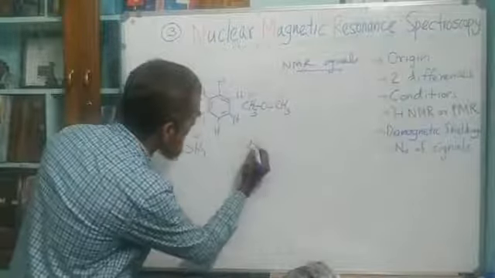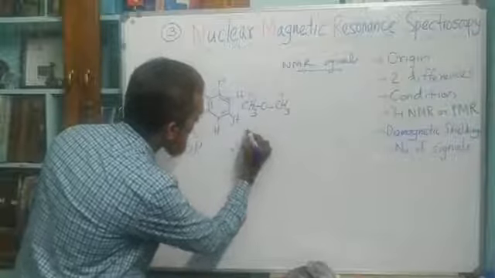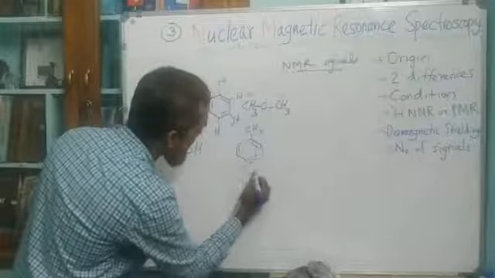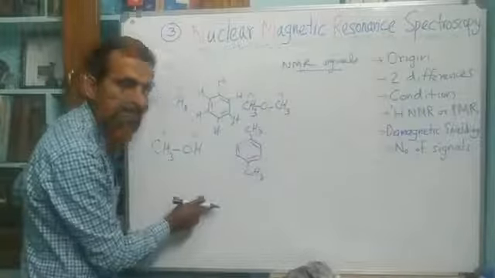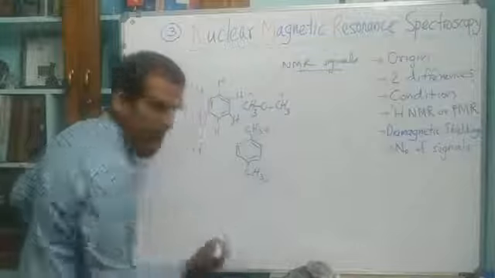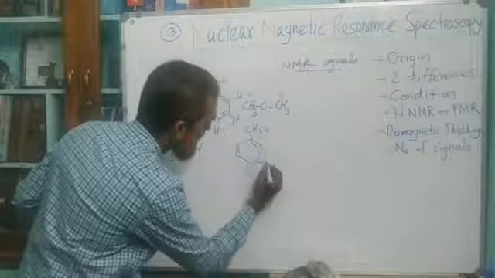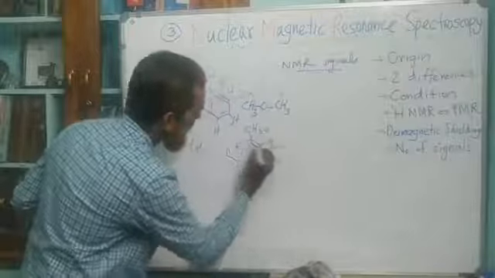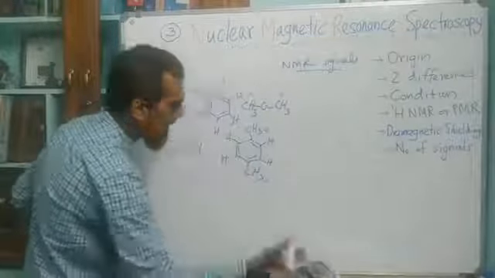Another interesting example. What about this molecule? This is 1,4-dimethyl benzene, or paraxylene, correct? If you classify the protons, this is A, then this is also A. Now you know that in the benzene ring there are 4 hydrogens here, and these are in a different chemical environment.